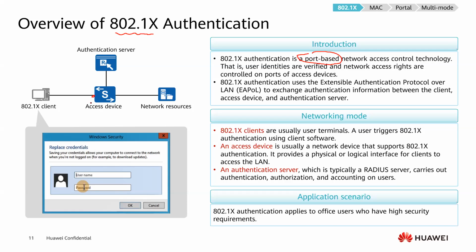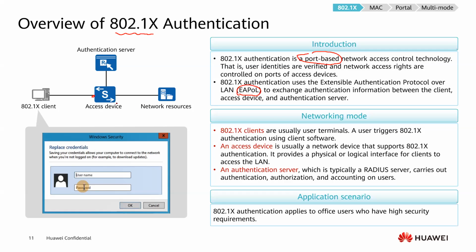This technology uses the EAP over LAN protocol to exchange the authentication information, the user's name and password, with the authentication server, and the server will go through the verification process.